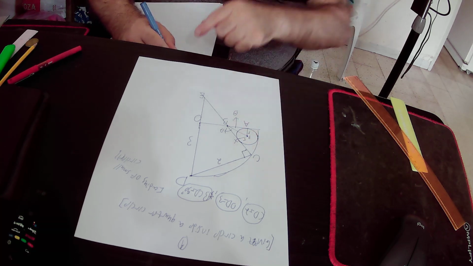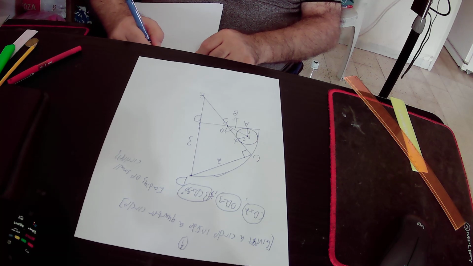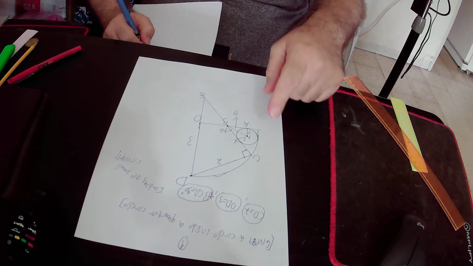This angle DCA is a peripheral angle that equals 90 degrees.